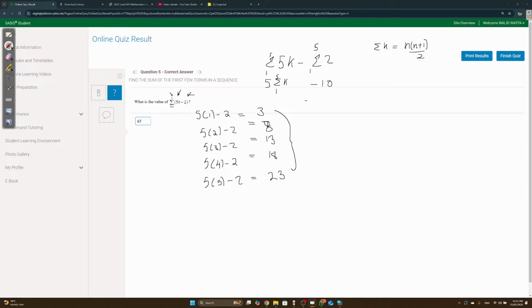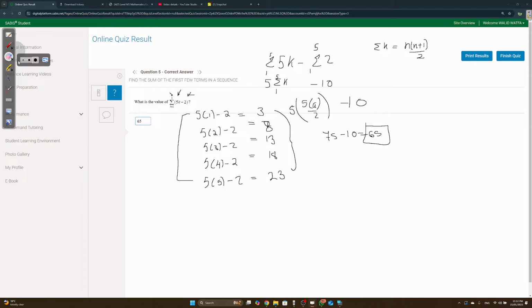So here it's just 5 times 6 over 2, and you have the 5 outside. Okay? Minus 10. You get 15, 75, which is 75 minus 10 equals 65. This also works. Okay? This saves me time because I already know the rules. I have them memorized. If you know the rules, this is easier to do. Saves you time. If you don't know the rules, obviously you're going to do all this.